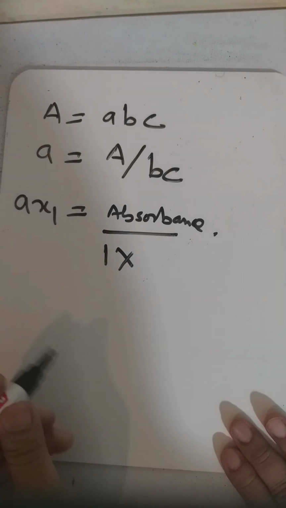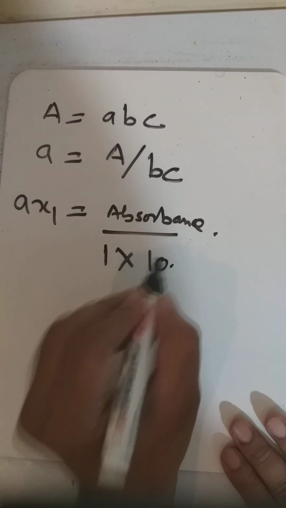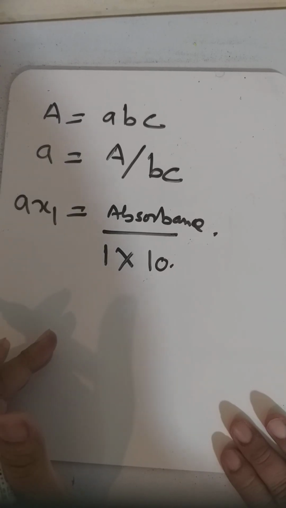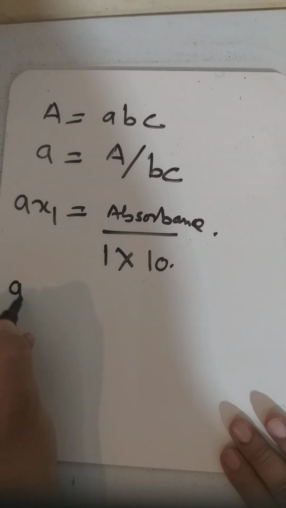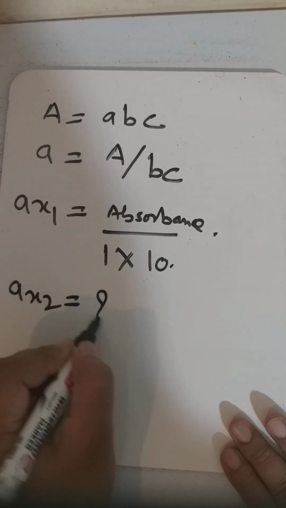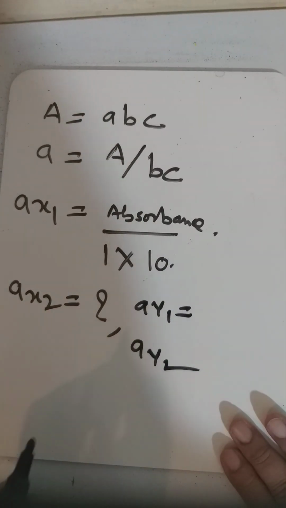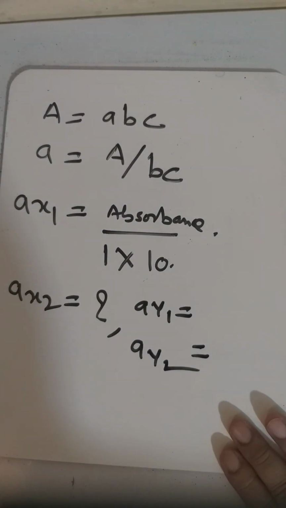Are you getting what I am saying? In this way you will find out AX1, similarly AX2, and similarly AY1 and AY2.